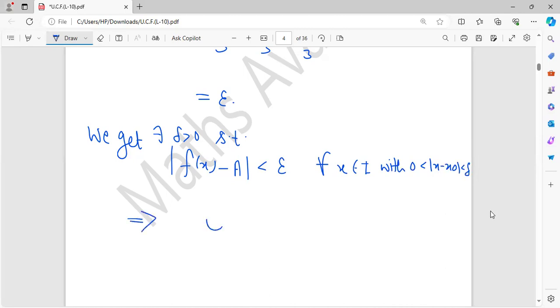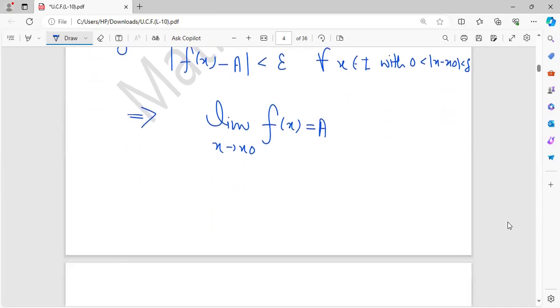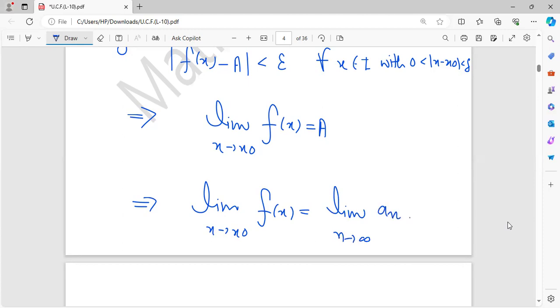It means the limit as x tends to x naught of f(x) is a. But what is a? A is the limit of an. So we are done. So the second part is also done.